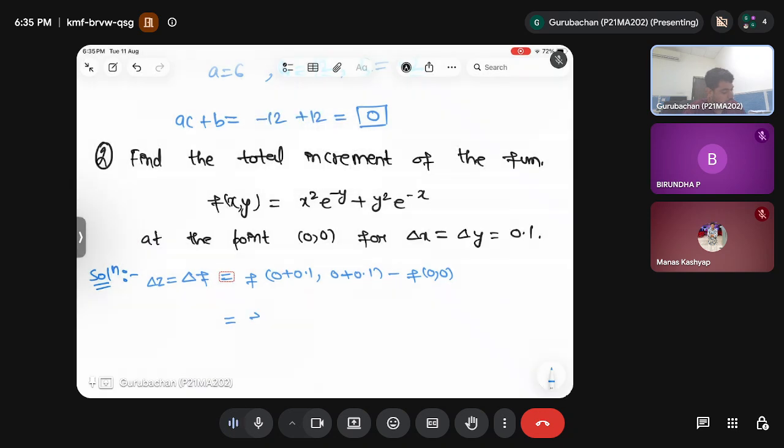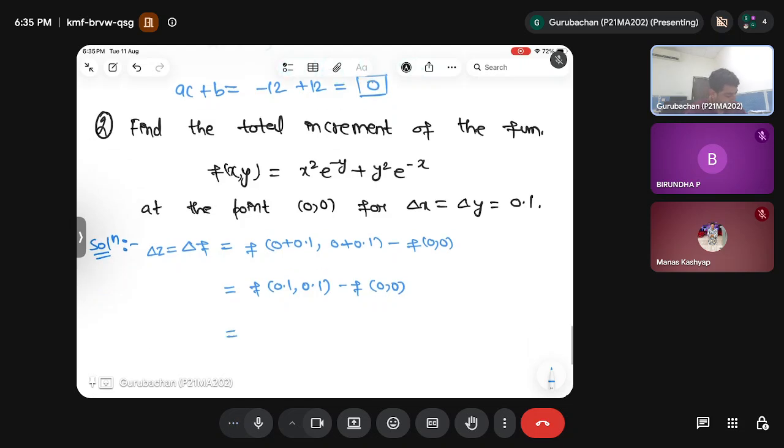So that means f at (0.1, 0.1) minus f at (0, 0): 0.1 whole square minus 0.1, 0.1 whole square minus 0.1, minus f at (0, 0).